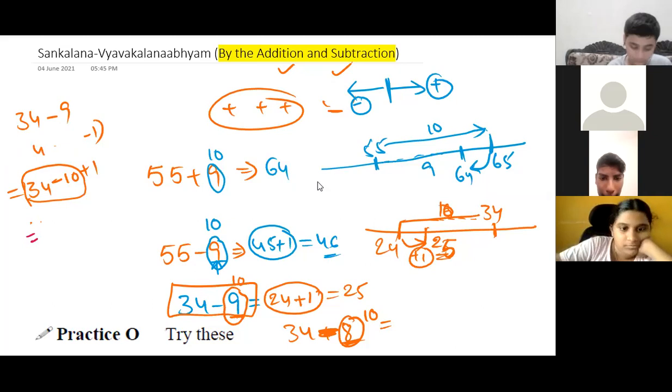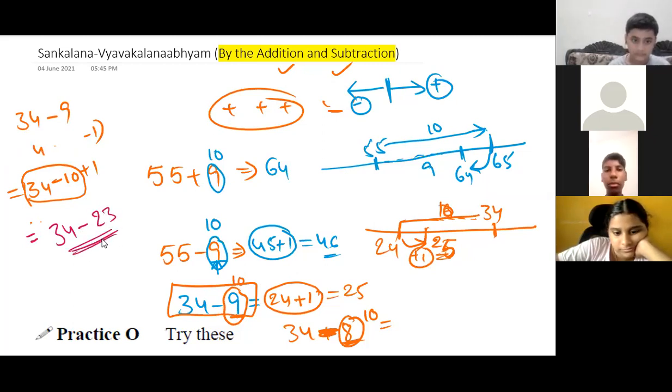Sir, then what should we do when it's 34 minus 23? We'll see this type of question also later. Now we are seeing the questions based on the base numbers. Sir, the question is 64 minus 32.